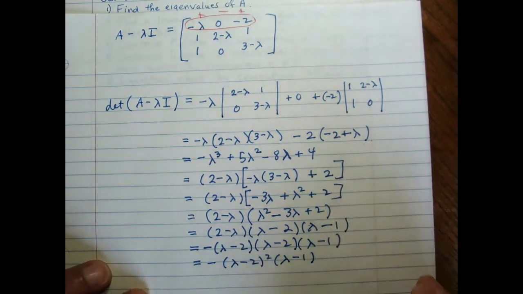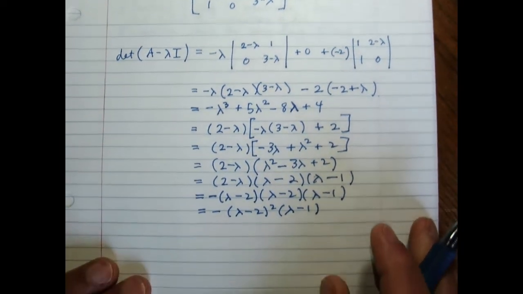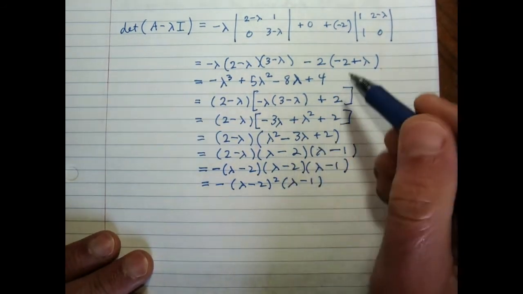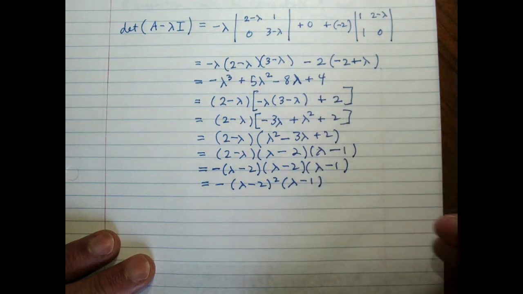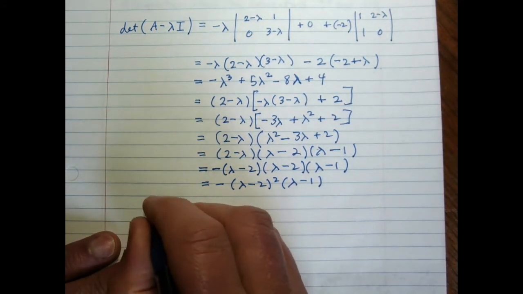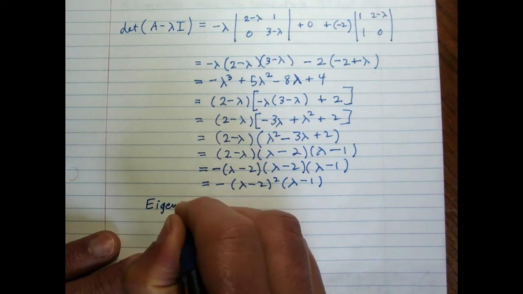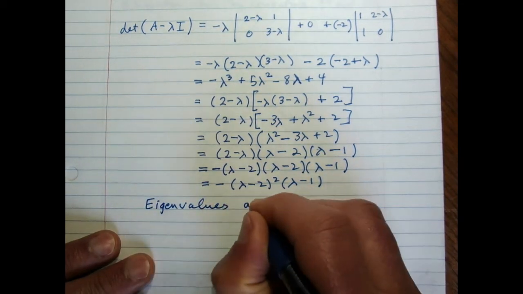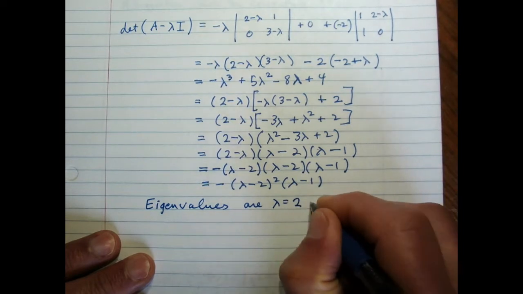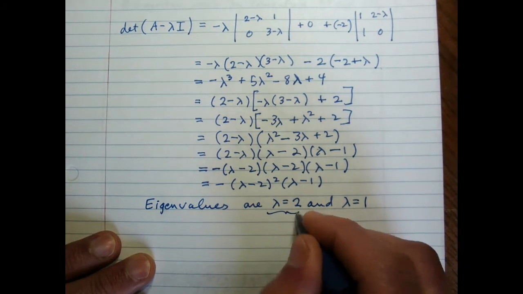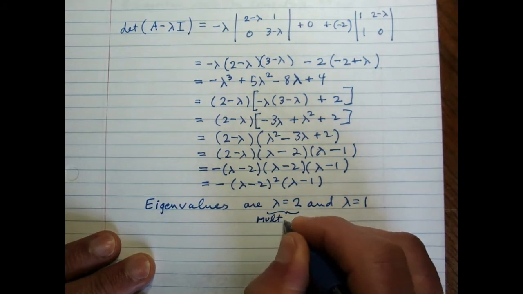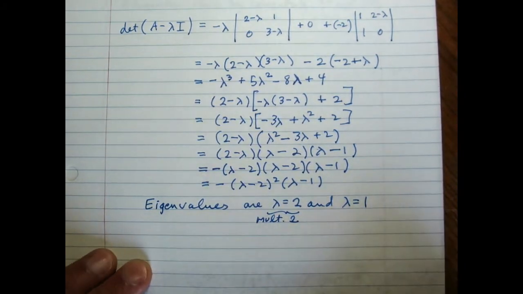So again, don't worry about the fancy algebra here, because I won't give you one that's so difficult to factor the characteristic polynomial. But what we see in this example is that the eigenvalues are lambda equals 2 and lambda equals 1. Lambda equals 2 has multiplicity 2 because that factor occurs squared. So that's actually the end of step 1.